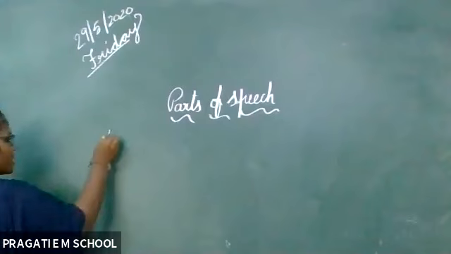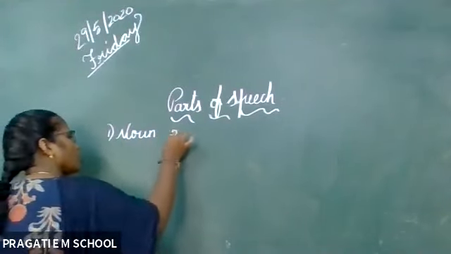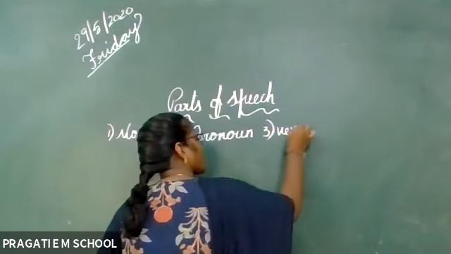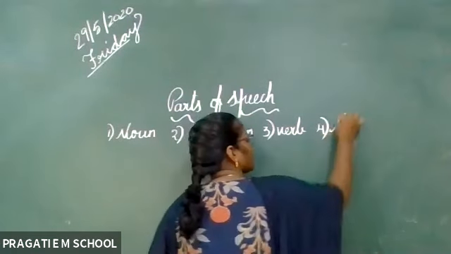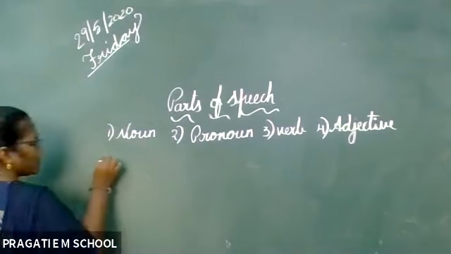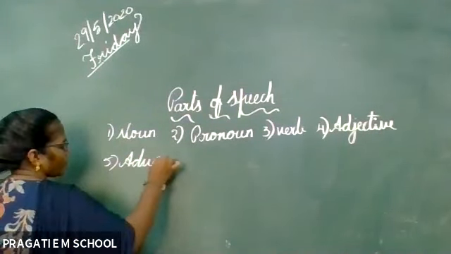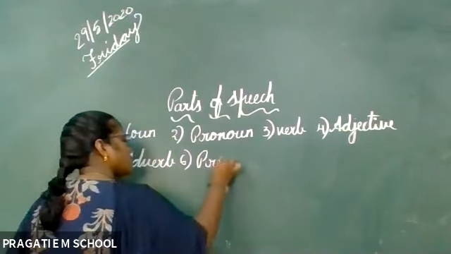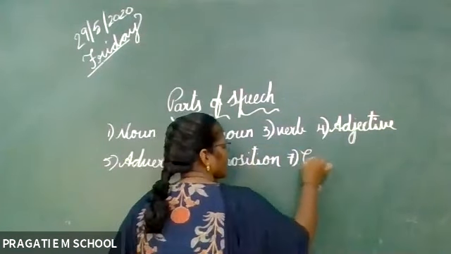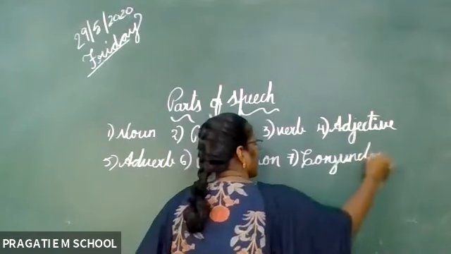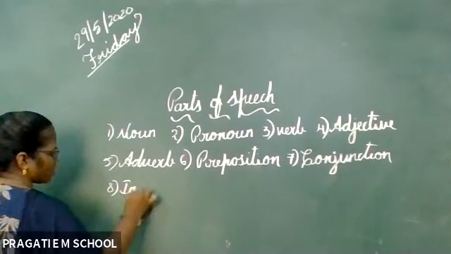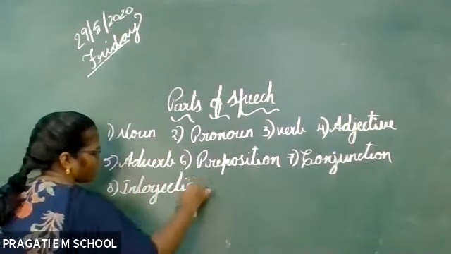What are they? First one is noun, pronoun, verb, adjective, adverb, preposition, conjunction, and interjection.